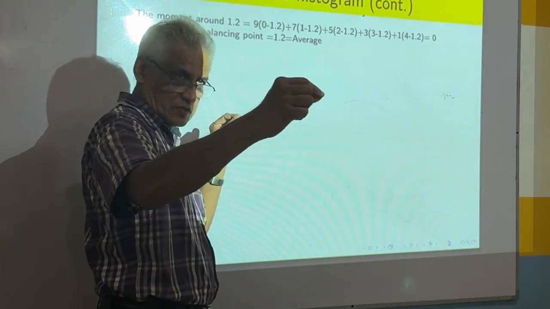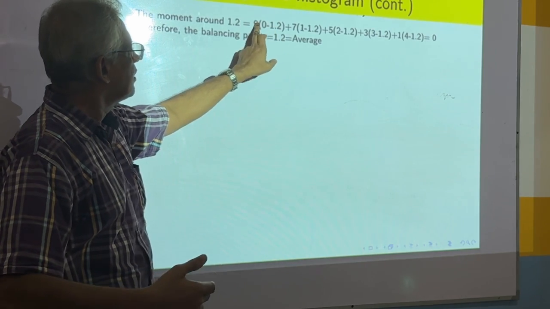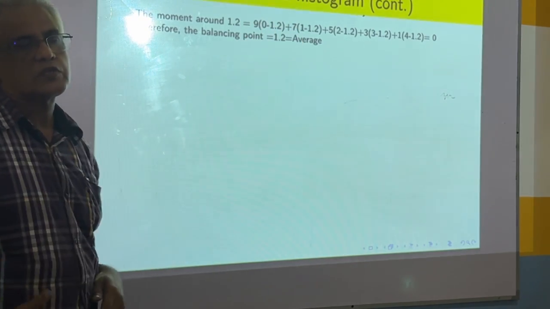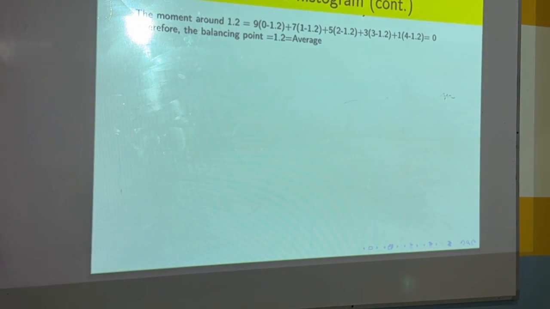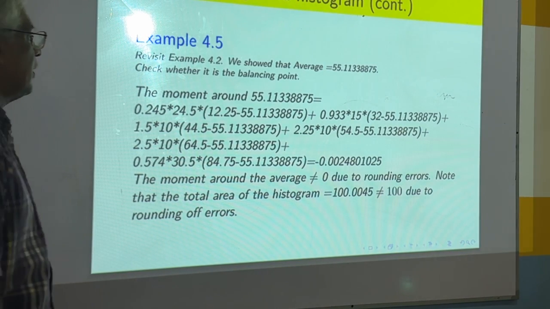So that is the distance, right? Up to 1.2, 0 minus 1.2, 9 times, and then 7 times 1 minus 1.2, right? So like that, to calculate, you see that the moment around 1.2 is equal to 0. So that again shows you that is the balancing point.